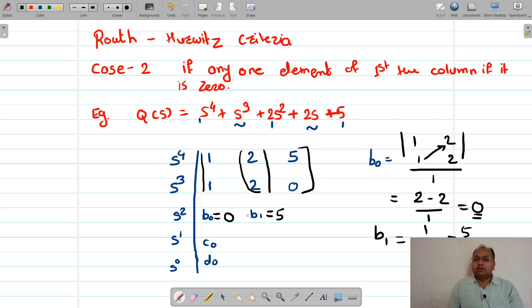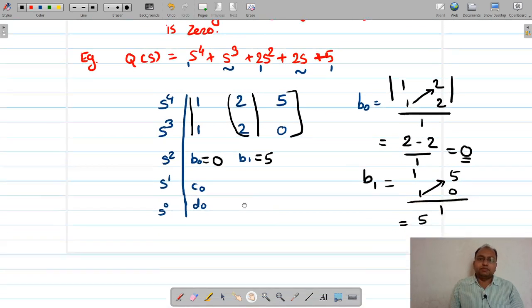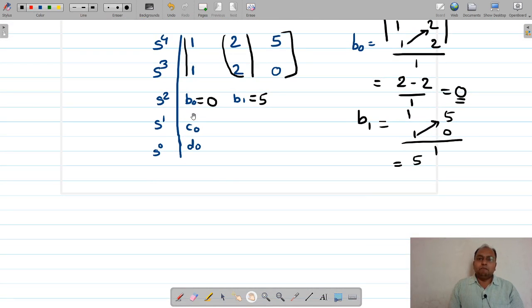Now if I want to calculate c0, I need to consider these 4 elements and divide by b0.